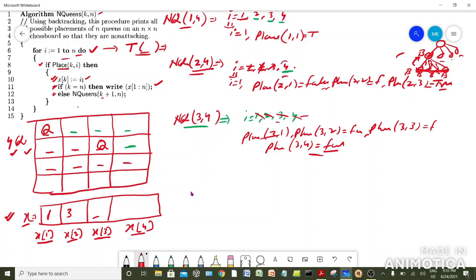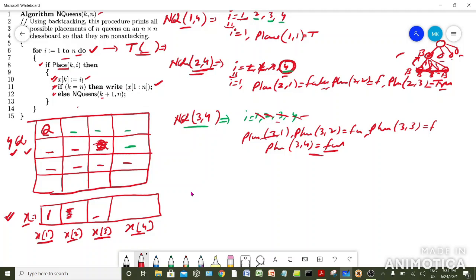Within the stack, there was the last option that was equal to 4 for the second row. Okay, it means we need to nullify this, and we need to try placing the second queen in the fourth column.